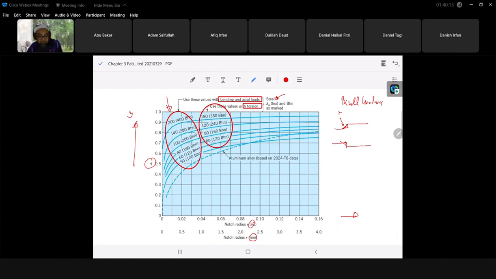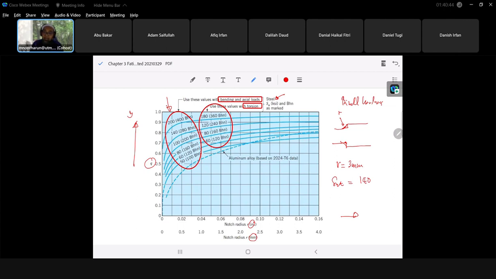Let's say the notch radius R is 3 mm, and the ultimate tensile strength SUT is 140.